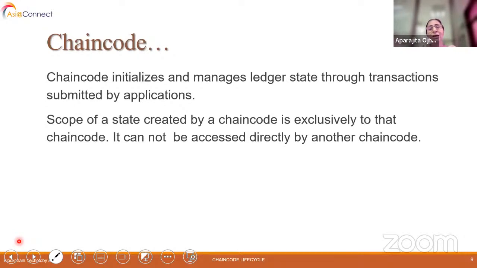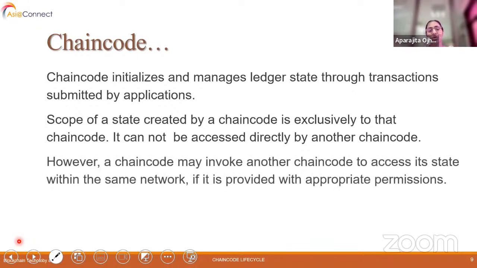You cannot access one chain code directly by another chain code. Remember that every chain code will be secure. So it is not possible to create a chain of all chain codes that can be invoked by keeping yourself within a Docker of one chain code. So the scope of a state created by a chain code is exclusively to that chain code.